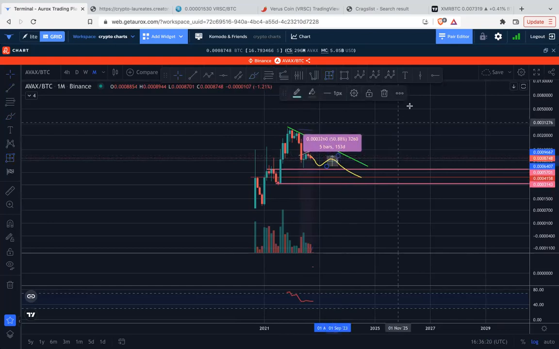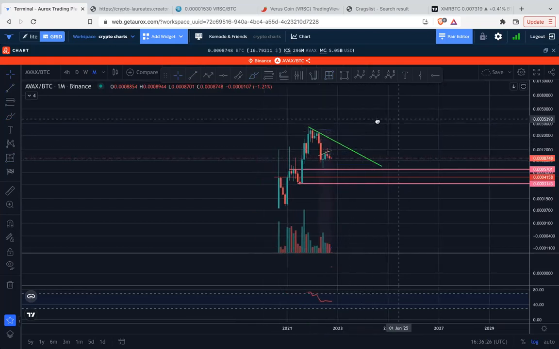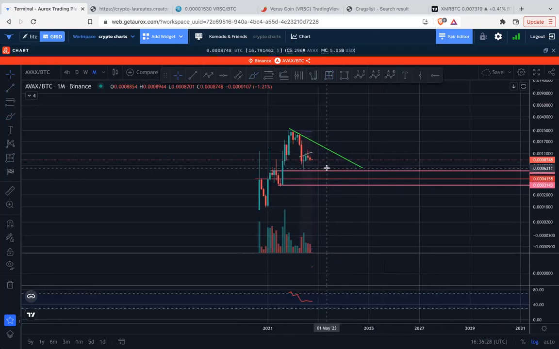So you can get a 50% rally in AVAX. Some things might be weaker than others. Who knows? I do not know. And it doesn't have to be in March or April 2023. It might be in June of 2023 instead. I don't know when these things are going to happen, but it's pointing towards this time frame. So we're going to see. That's the monthly on AVAX, relatively weak.